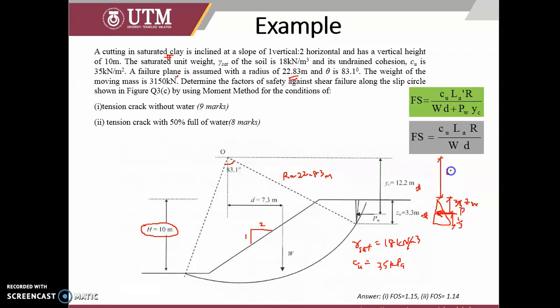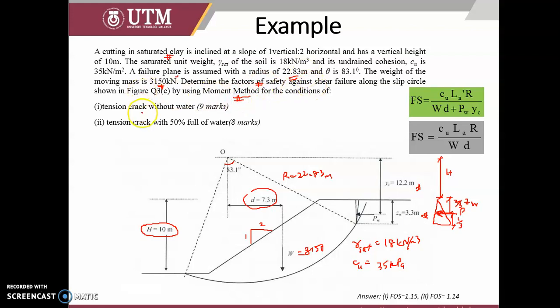So 2/3 plus H if you are given. So D is also given, and the moving mass is given here, 3,150. So determine the factor of safety using the moment method.